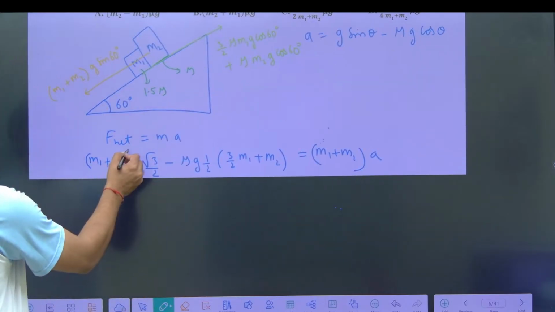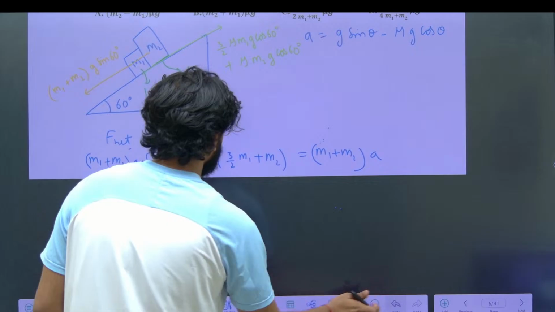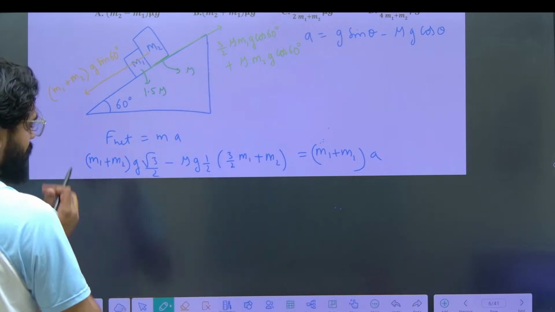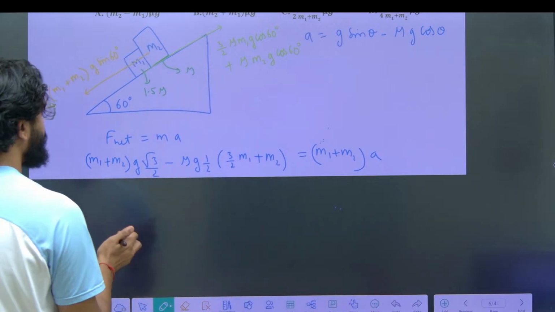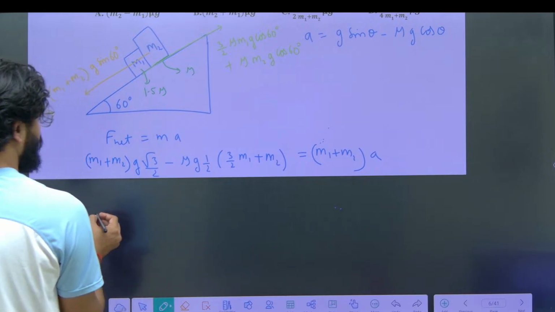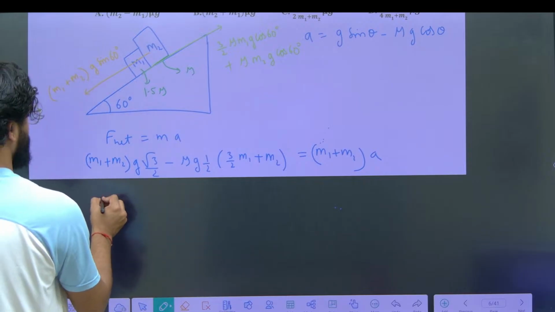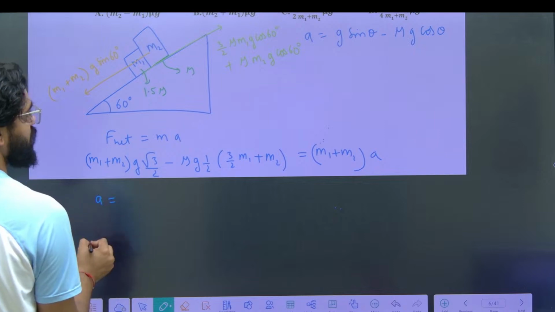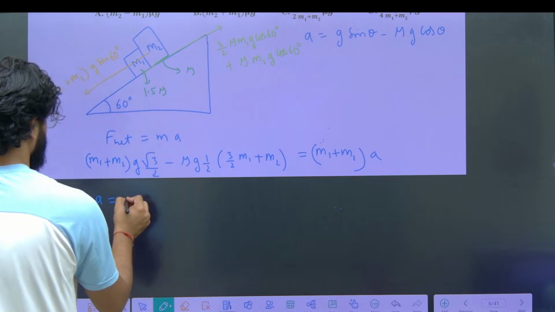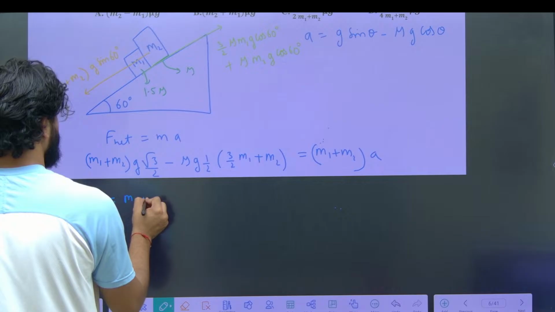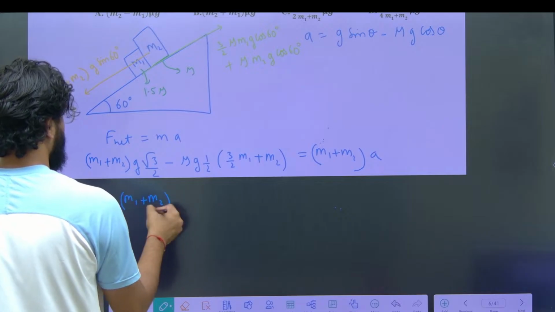We cannot just cancel out m1 and m2, right? So we can calculate a from here. A will be this, upon m1 plus m2.